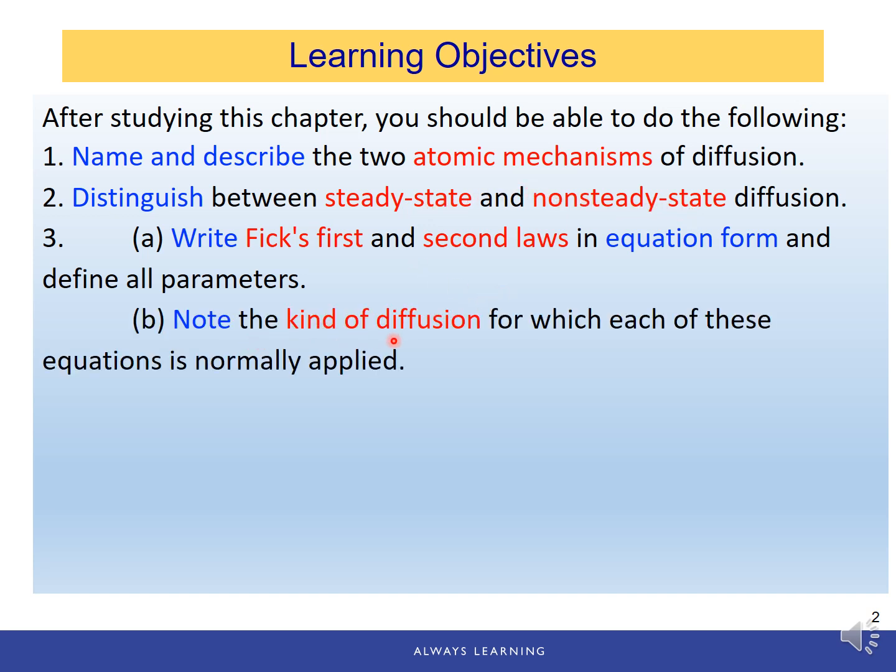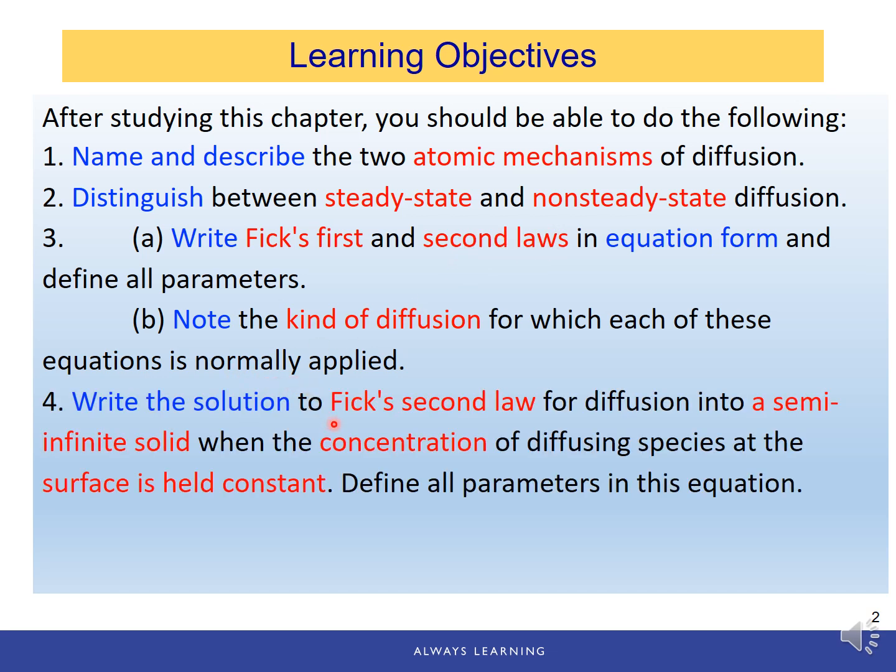Note the kind of diffusion for which each of these equations, meaning Fick's first equation and Fick's second equation, is normally applied. For non-steady state diffusion, we should be able to write the solution to Fick's second law for diffusion into a semi-infinite solid when the concentration of the diffusing species at the surface is held constant.